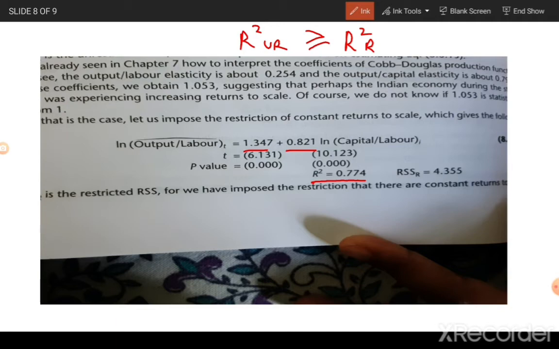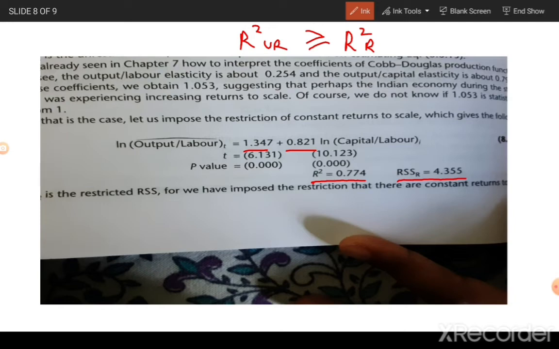That means your number of explanatory variables will also reduce, and you know that the value of r square is directly proportional to the number of explanatory variables. Since the explanatory variables and the number of parameters to be estimated have reduced, my r square is also likely to reduce. And this model gives me the residual sum of squares of this restricted model.